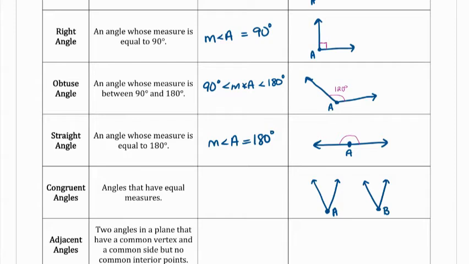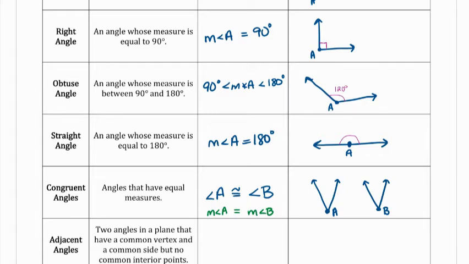Or if they're congruent, then they have the same measure. So I can say that angle A is congruent to angle B, and that would mean that the measure of angle A is equal to the measure of angle B.